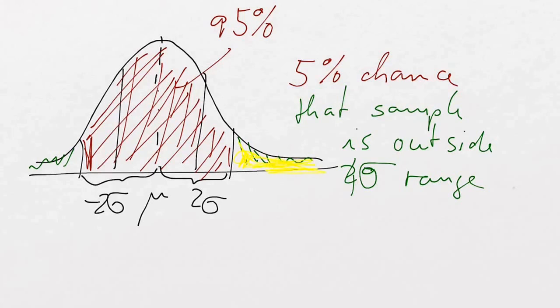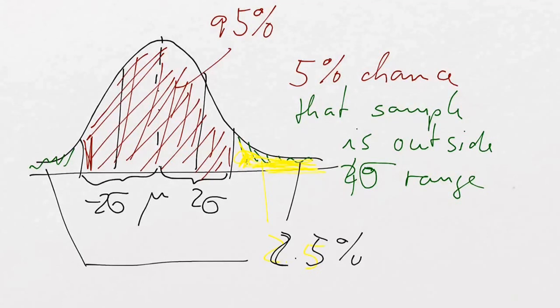How much of my data would lie in this yellow bit? 2.5. Can you see that? Probably not. So it's 2.5% either way. Yeah? So in a way, if you look at that, this curve has 2 tails, if you like.